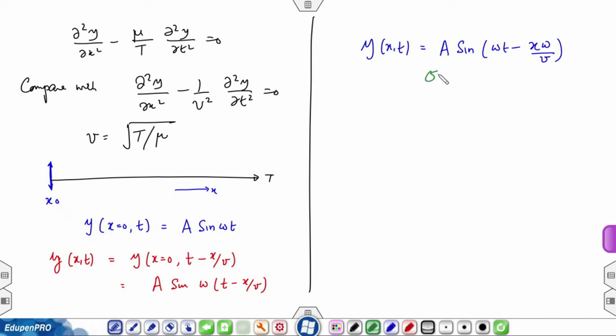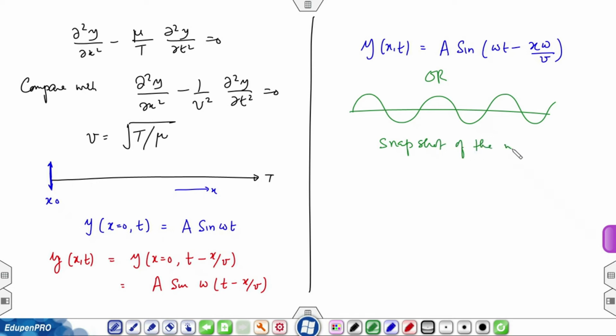Or I could have asked that this is a snapshot of the wave at t equals 0. So, this looks like y(x) equals some A sine kx with an amplitude A. Then y(x,t) will be given as y(x minus vt) at t equal to 0.